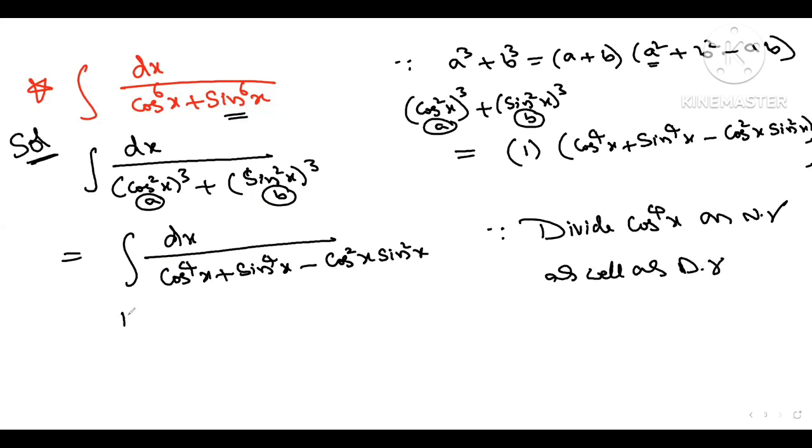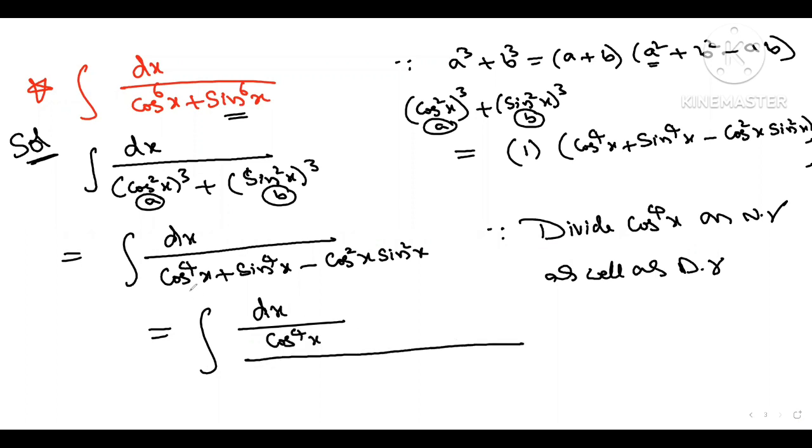So what we get here? Integral dx by cos to the power 4x by, here cos to the power 4 by cos to the power 4 value 1. Sin to the power 4 by cos to the power 4, we get tan to the power 4x.